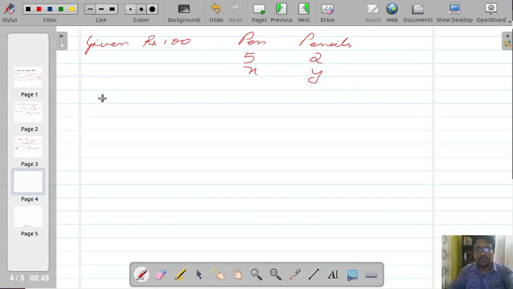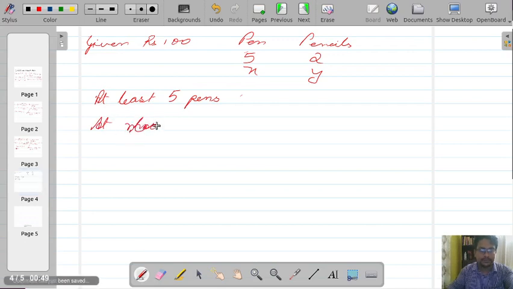I want that he or she should bring at least some pens and some pencils. So suppose I give you the restriction that you take rupees 100 and then you buy for me at least 5 pens, and at least 10 pencils. So these are the restrictions that I have imposed.